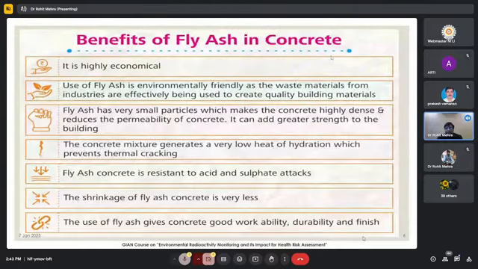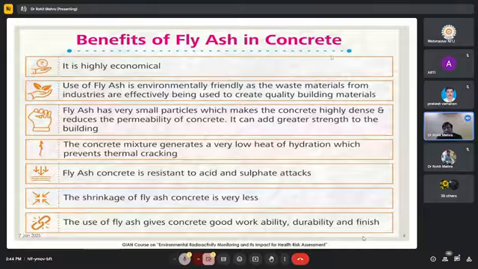Now these are a few benefits. Like I have already told you, it is a residue which is available as an end product of the burning of coal in the thermal power plants, so it is highly economical. Another is that it is environmentally friendly, as the waste material from the industries is effectively being used to create quality building materials.